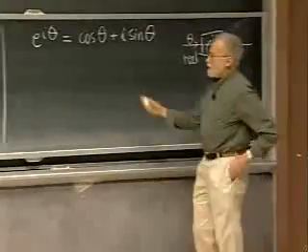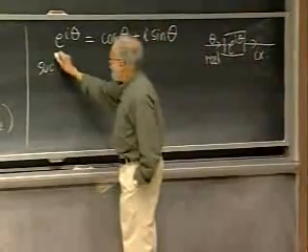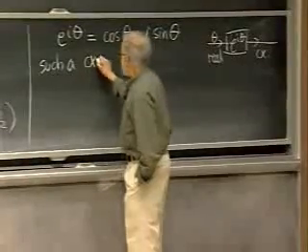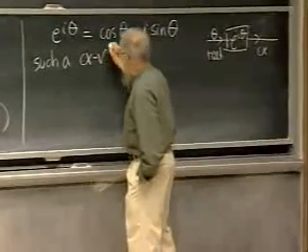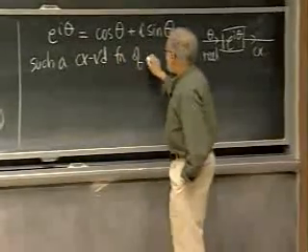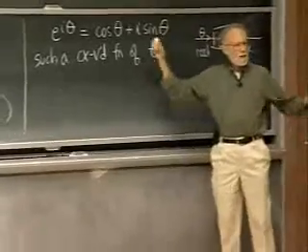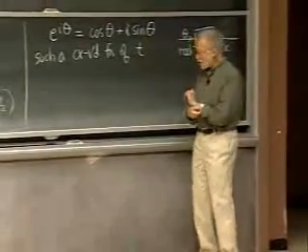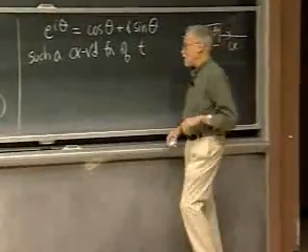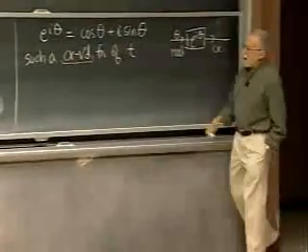Now, in general, such a function, well, maybe I better say complex valued function of a real variable. Let's change the name of the variable. t is always a real variable. I don't think we have complex time yet, although I'm sure there will be someday when the next Einstein appears.